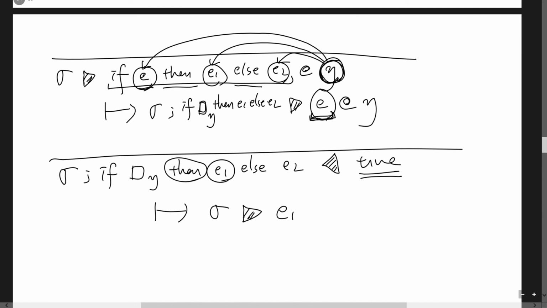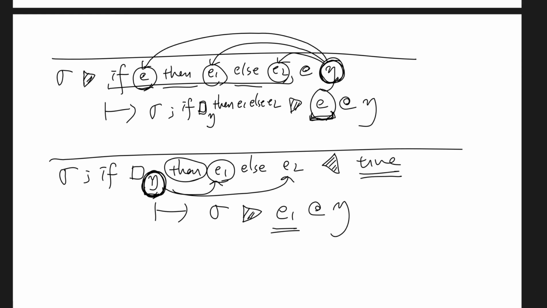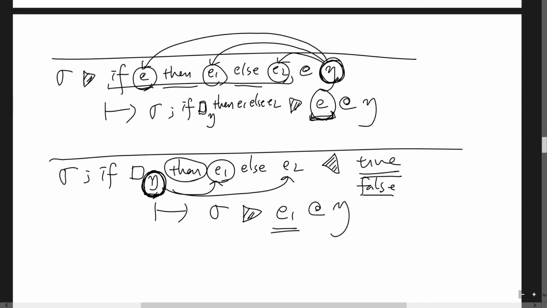The question is, what is the environment under which expression E1 should be evaluated? And it is, of course, eta. And that's the purpose of this annotation, the environment for expression E1 and expression E2. So we restore this environment eta and keep evaluating expression E1. And the case for Boolean false is, of course, we evaluate the expression E2.